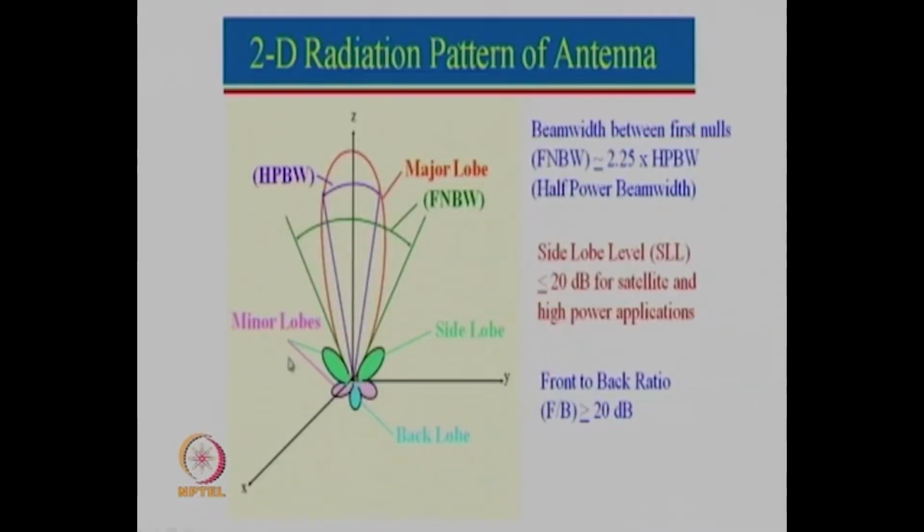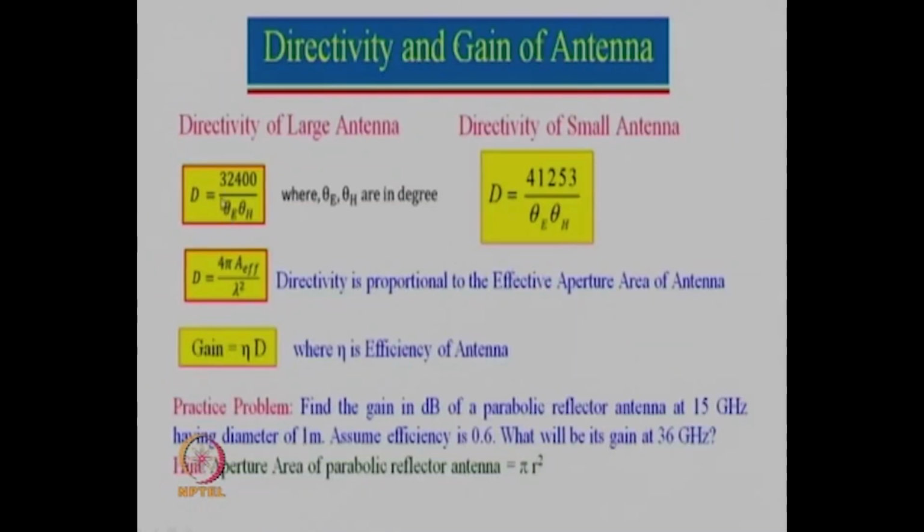However, in a given pattern there will be a lot of side lobes, so some power is getting radiated in those directions. So effectively lesser power will be radiated in the main beam. To account for this, this is an approximate formula, and if you use this formula, invariably you will get the directivity within plus minus 1 dB.